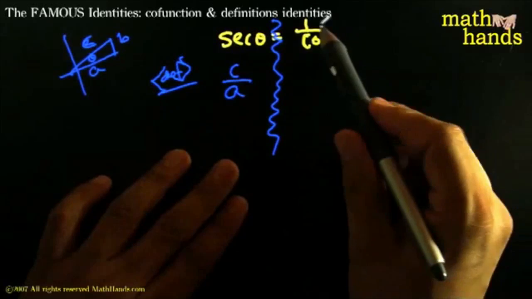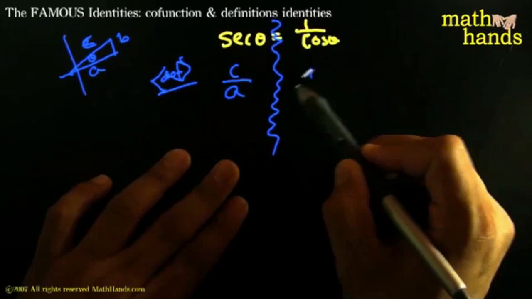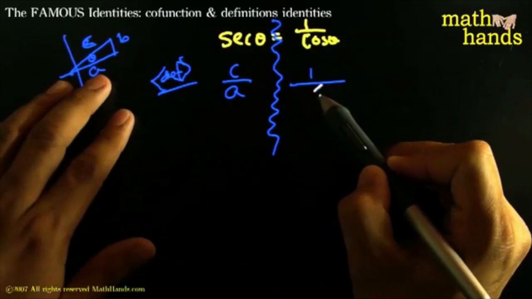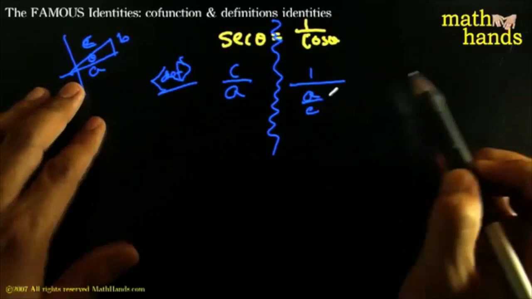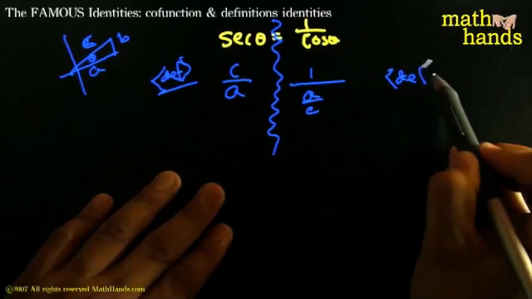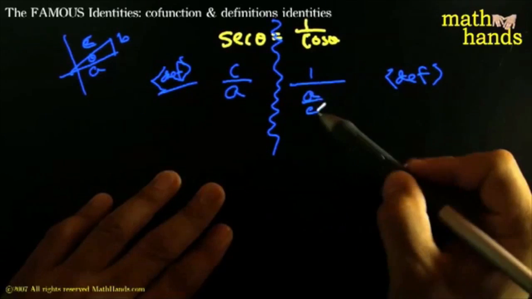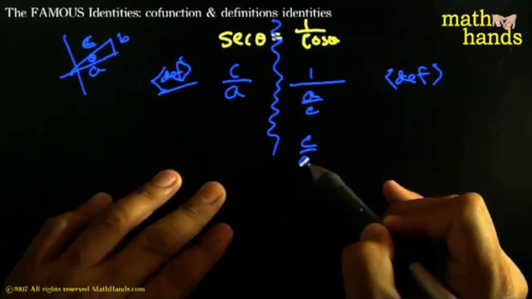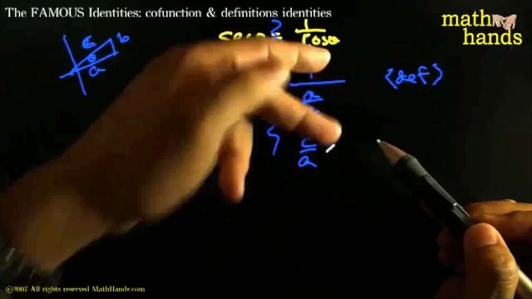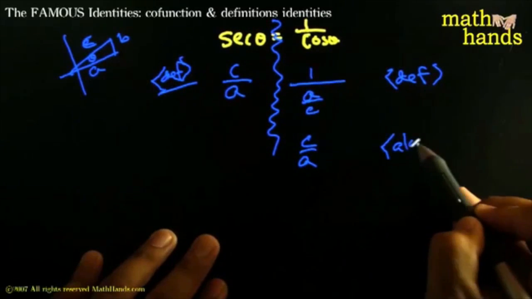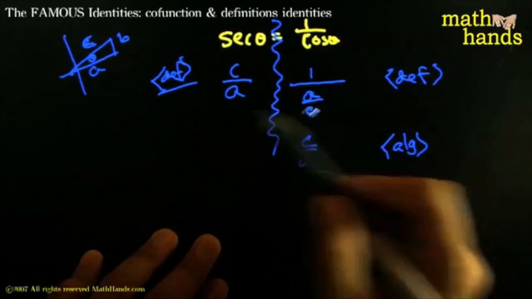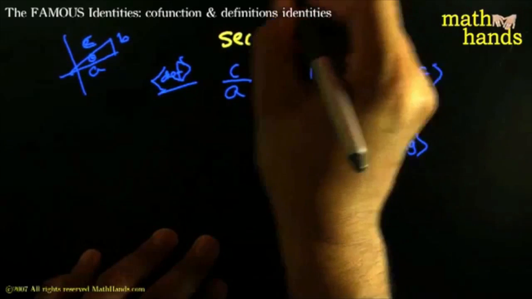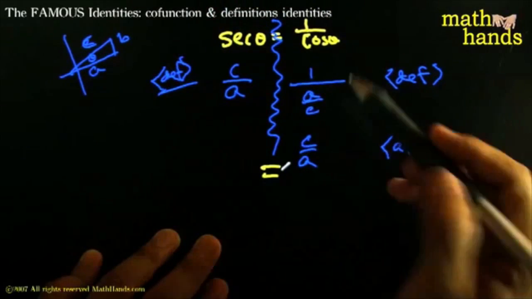On the right hand side, though, 1 over cosine, well, what's the definition of cosine? Cosine is adjacent over hypotenuse. That's by definition of cosine. And then by algebra, you could flip this, and this is C over A. You take the bottom one, this is a complex fraction, you flip it just by some algebra rules. And there you go. This proves that they are in fact equal.